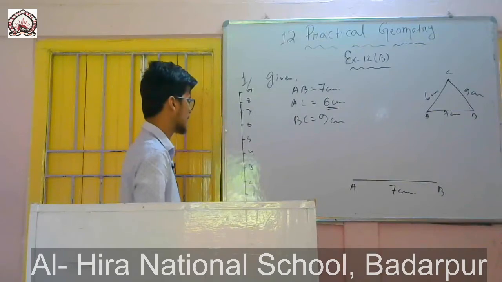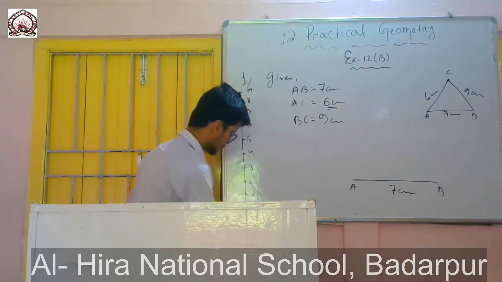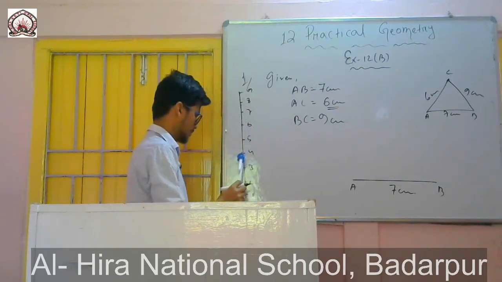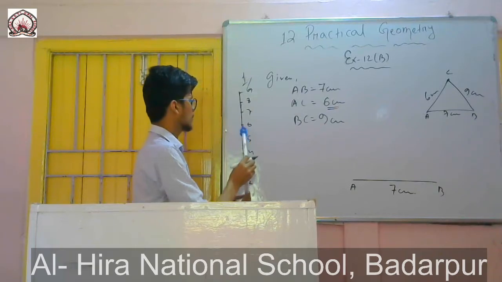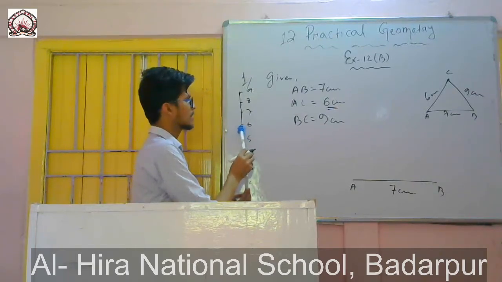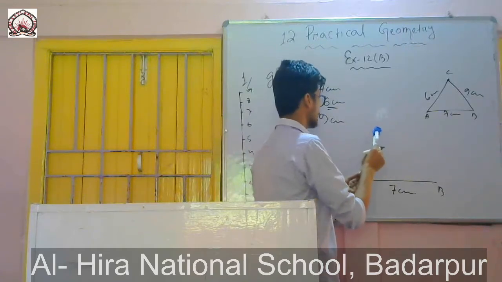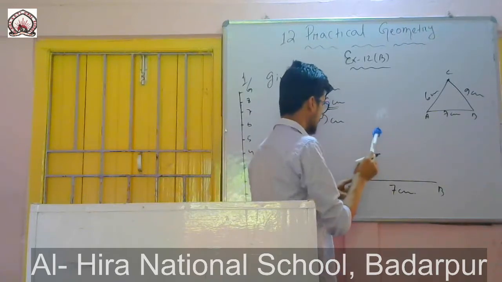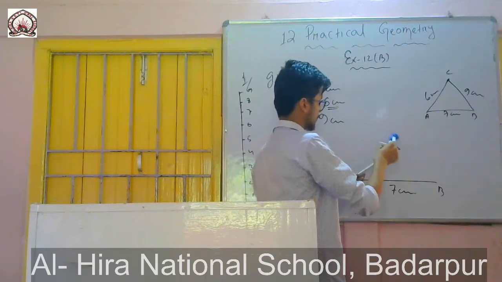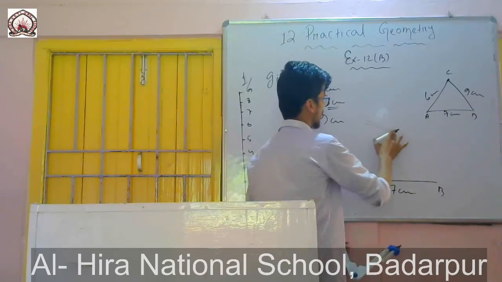You take your scale, put it at 0 and take the measurement. It will be like this, 6 centimeters. With the same radius, put the needle of the compass at A and draw an arc.